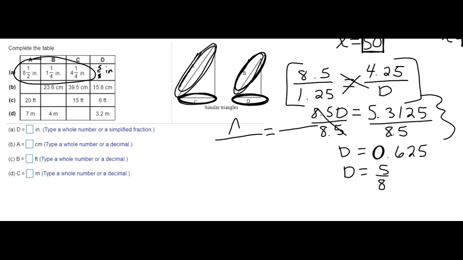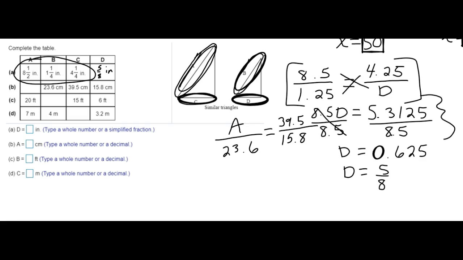A we don't know, that's our long side of the large triangle over the long side of the shorter triangle, and we do know that B is 23.6 centimeters, and that's equal to C, our short side of our large triangle, 39.5 over 15.8.